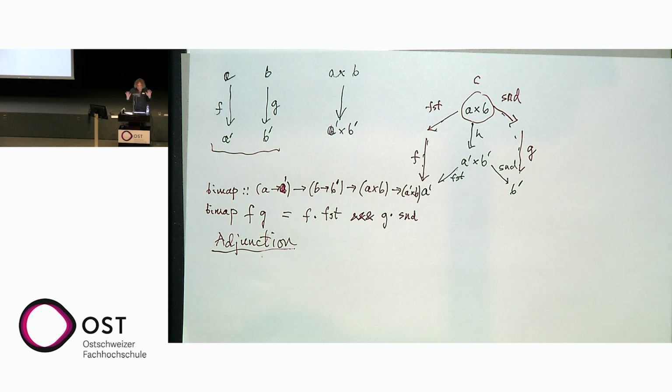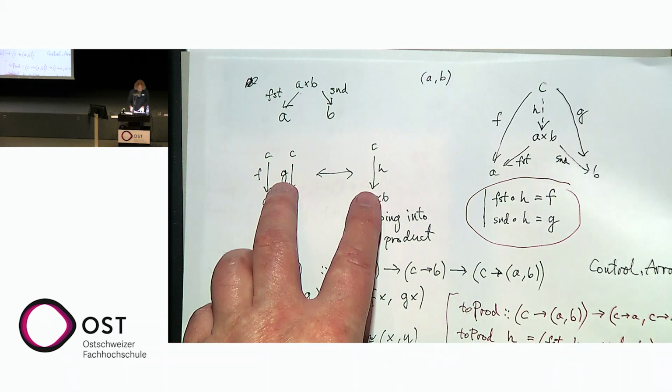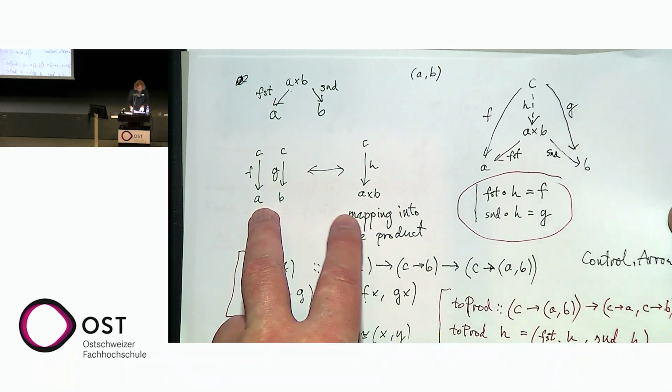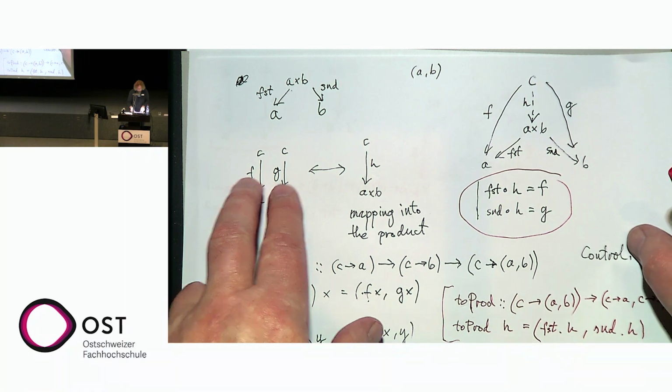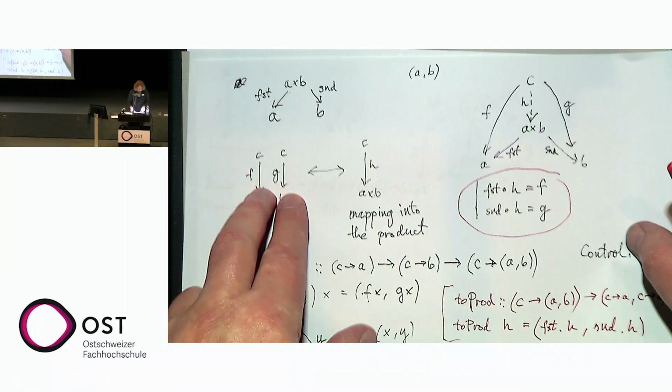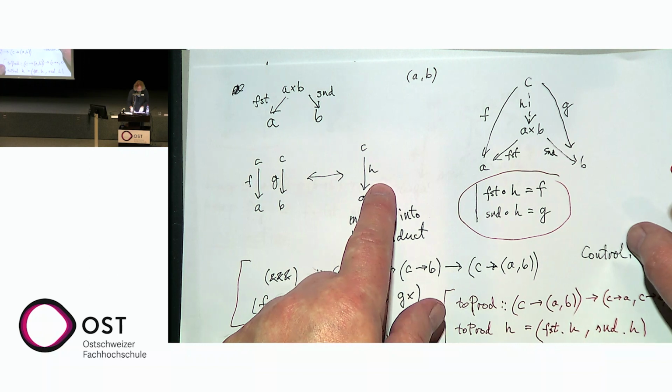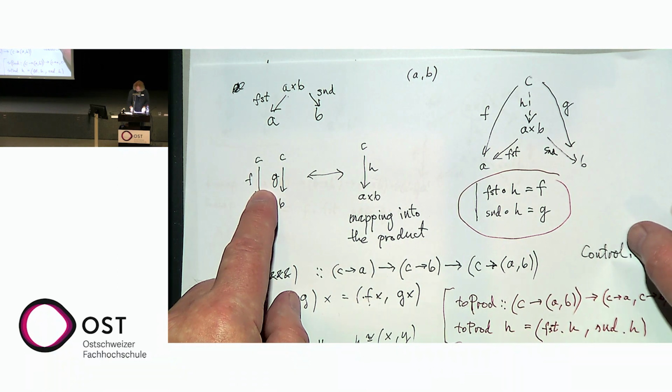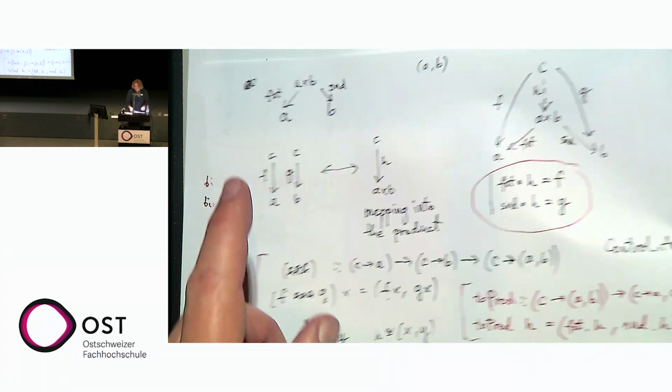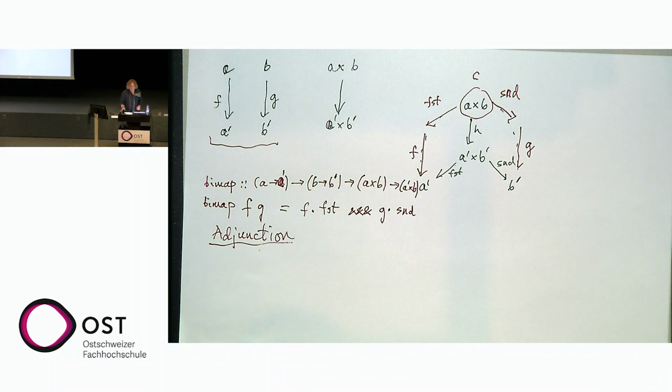So we already have this adjunction sort of written down in one way. It's a correspondence between arrows that goes both ways. With these two arrows, I get this arrow. With this arrow, I can get this pair of arrows. That's all an adjunction means. It just means mapping of arrows.